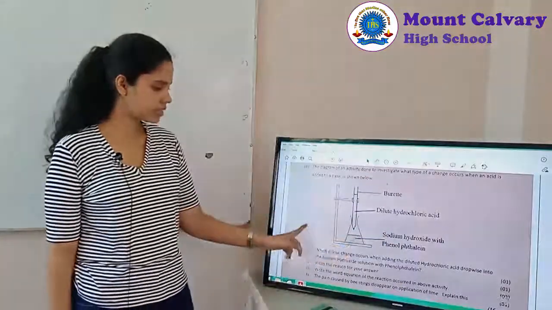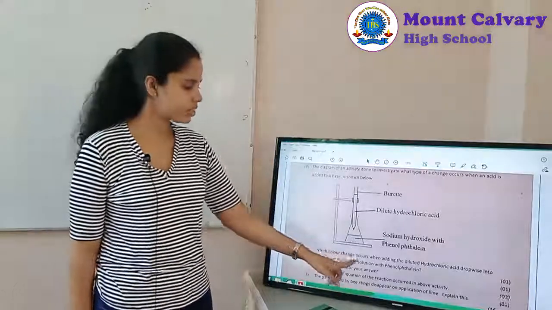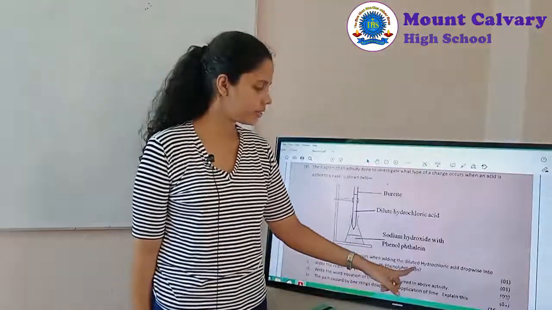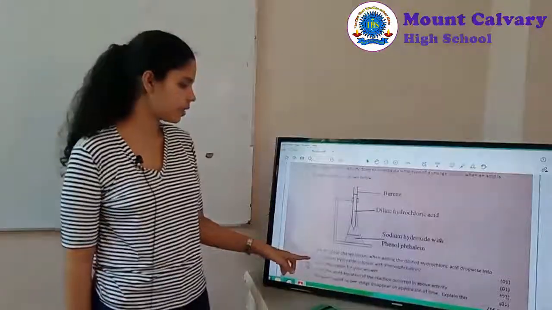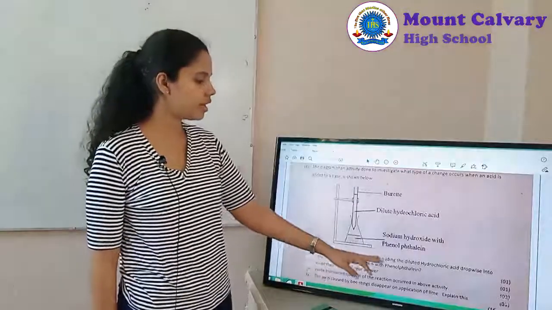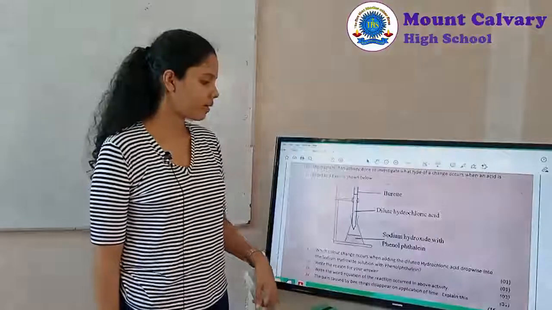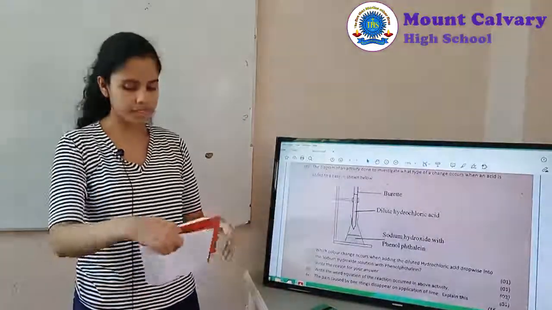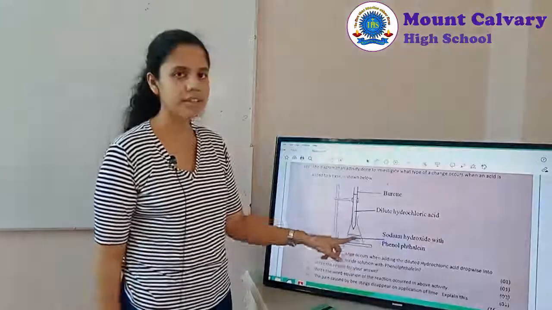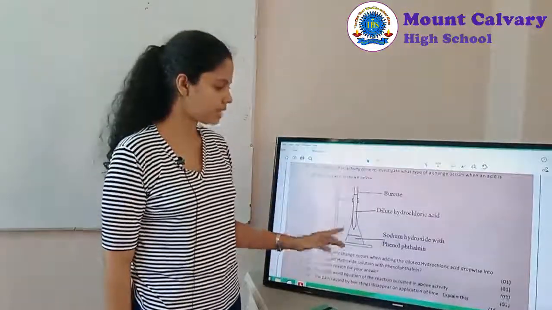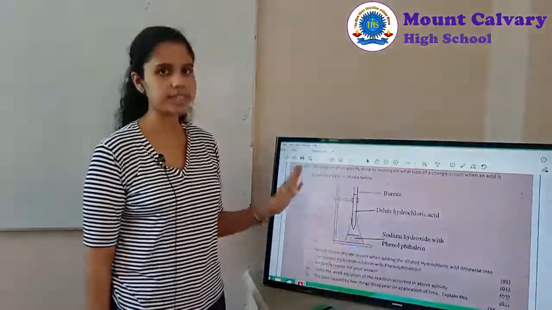So the first question they asked: which color change occurs when adding the diluted hydrochloric acid dropwise into the sodium hydroxide solution with phenolphthalein? Phenolphthalein is a colorless indicator.